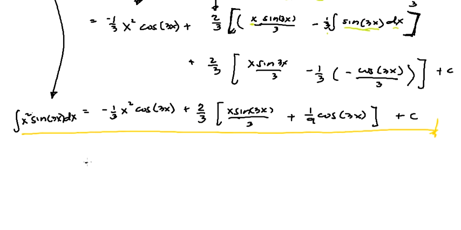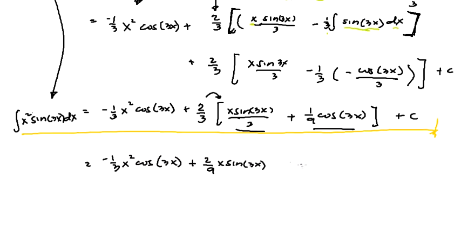Let me continue by distributing this 2/3 in each term. So we have negative 1/3 x squared cosine 3x. Then 2/3 times 1/3 gives positive 2 over 9 x sine of 3x.